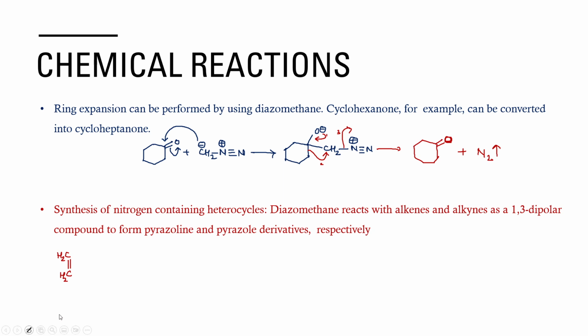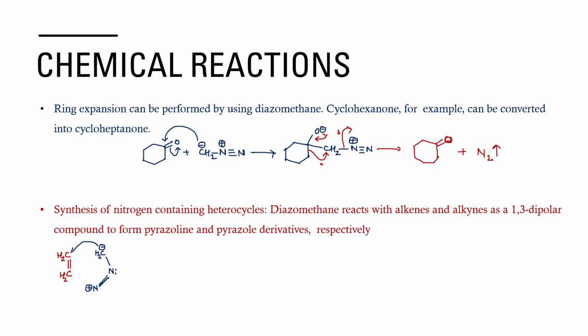If this is an alkene, then it will react with CH2 minus, and I'm saying that it is behaving as a dipolar species. So we have to draw it this way.